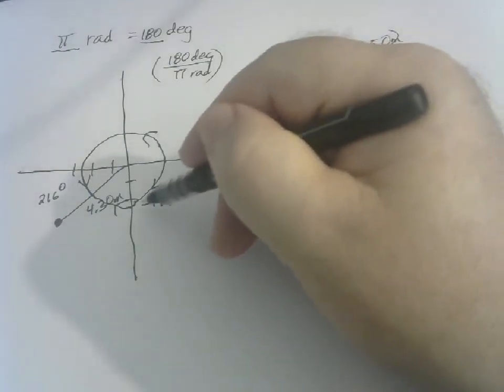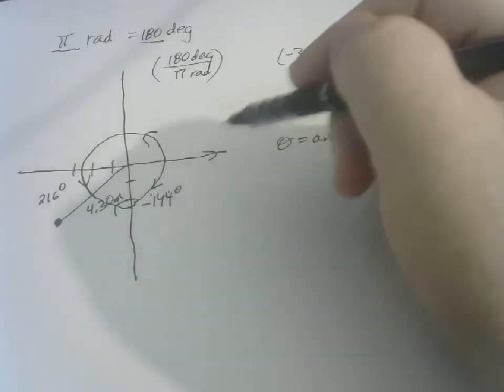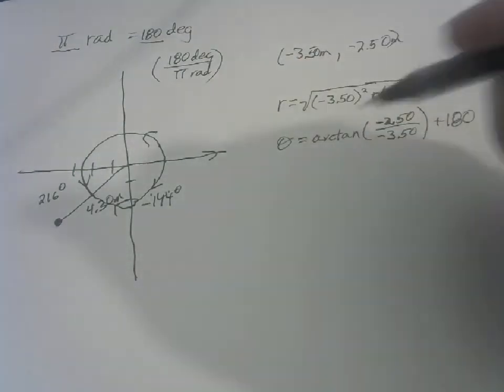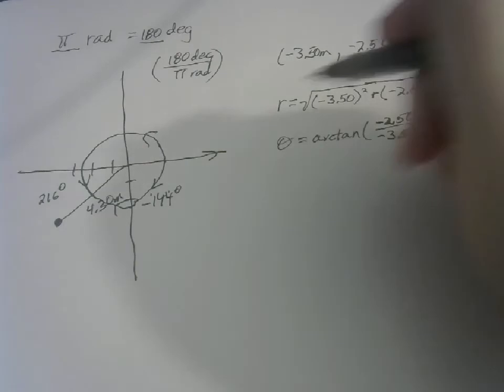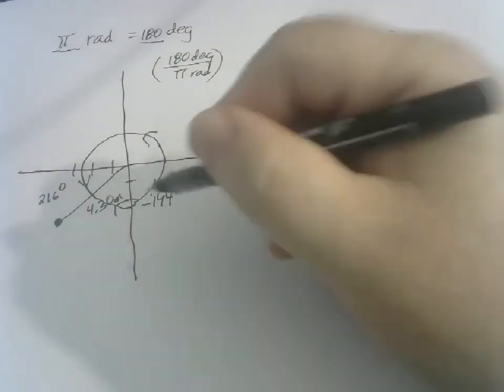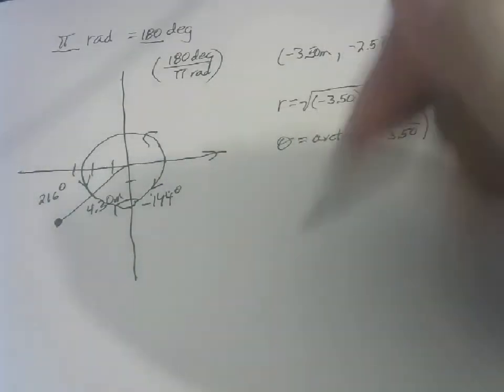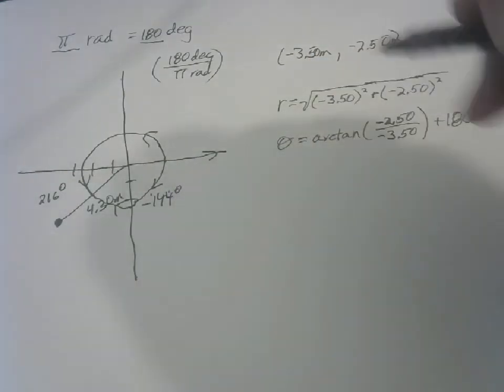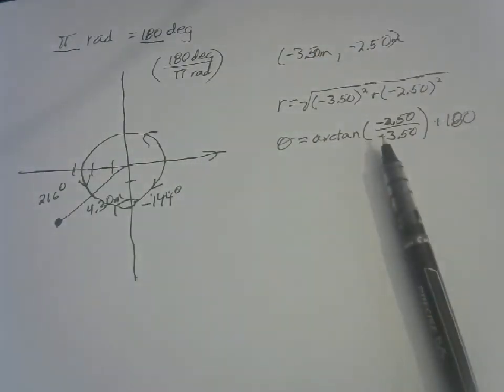If I said negative 144 clockwise, that wouldn't be right because it'd be like a double negative. I could say positive 144 clockwise or negative 144 counterclockwise. So that's why there's a negative 144 there.